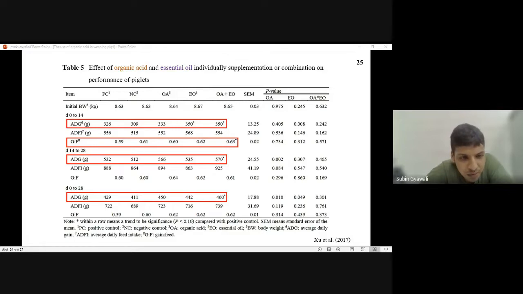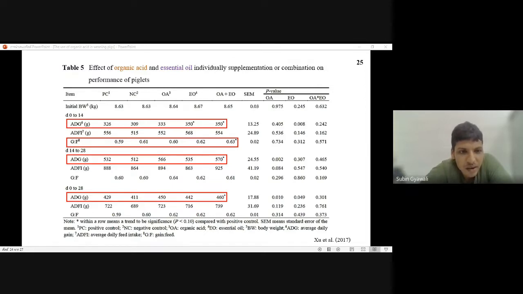Then from 14 to 28 days, the essential oil has a comparatively lower average daily gain than the organic acid. In the first week it is significant, but in the second week it is lower, and for the whole period it is the same.